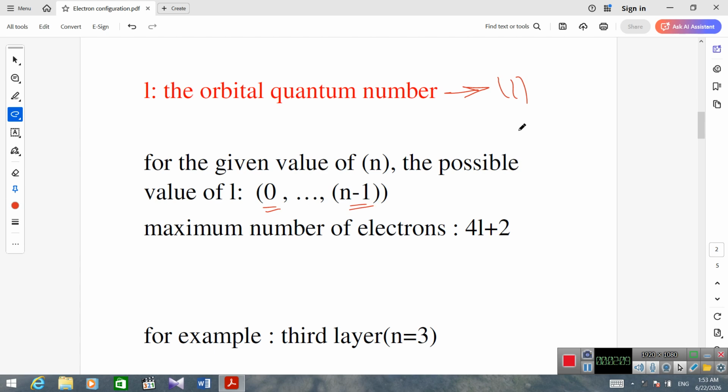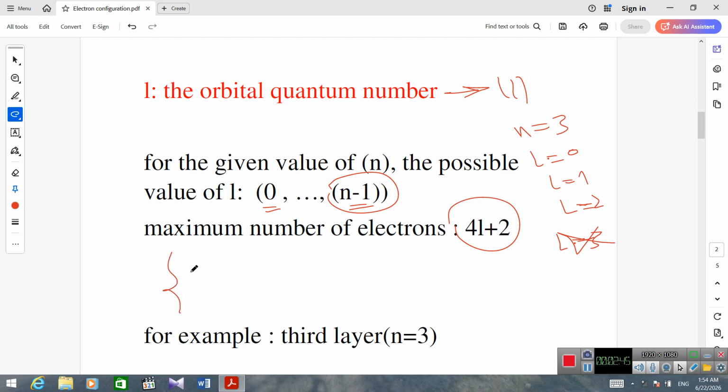For example, when n is 3, l can be 0, 1 and 2, until n minus 1, and it's obvious that l cannot be 3. The maximum number of electrons for each l is equal to 4l plus 2, as I said before. For n, the maximum number of electrons is 2n².